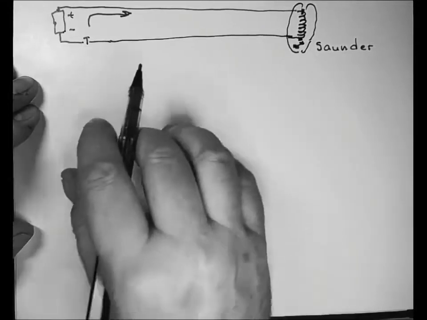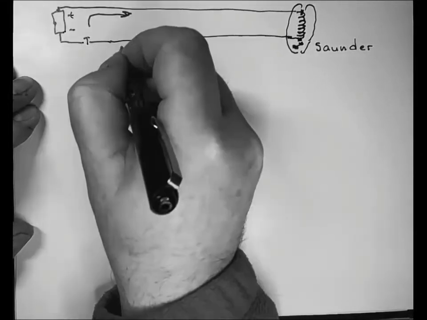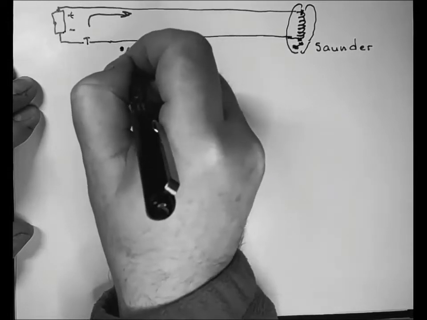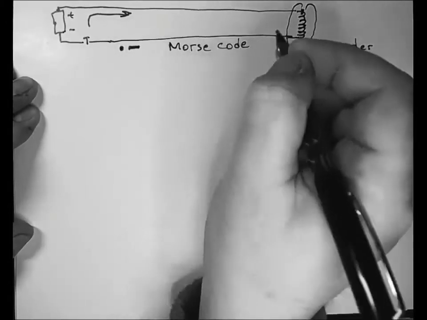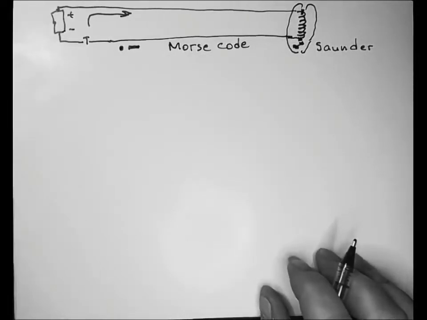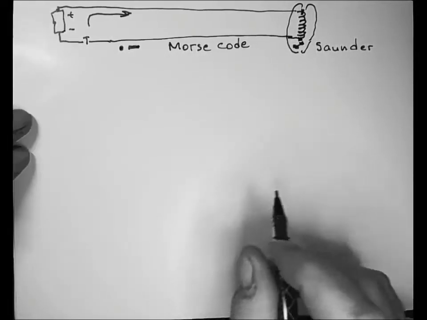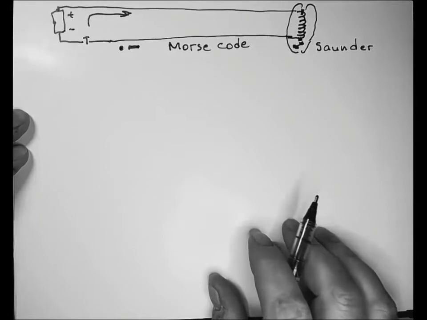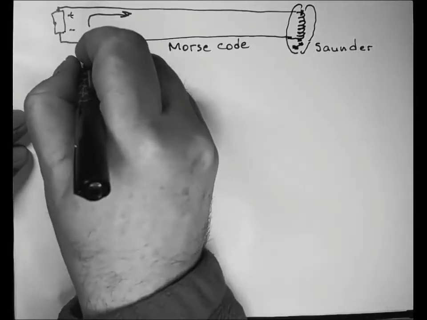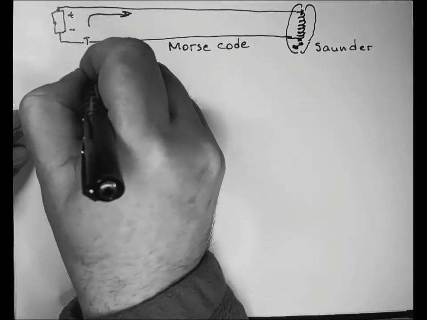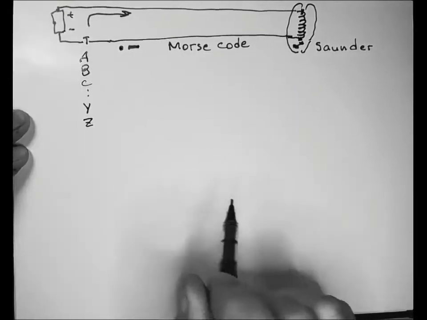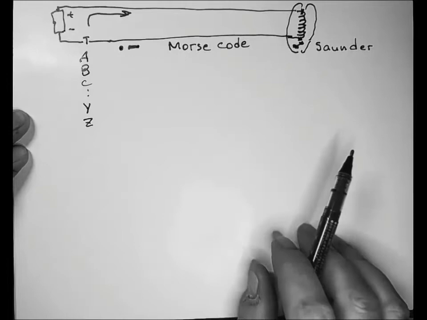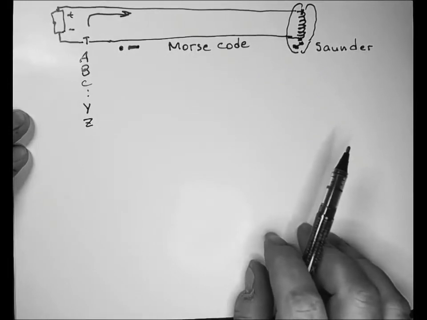And for this transmission device a specific alphabet was created. This is Morse code. I told you folks the code is a process named encoding, a specific process that substitutes the real alphabet A, B, C, and so on, Y, Z, with a physical equivalent that could be transmitted through the wires.